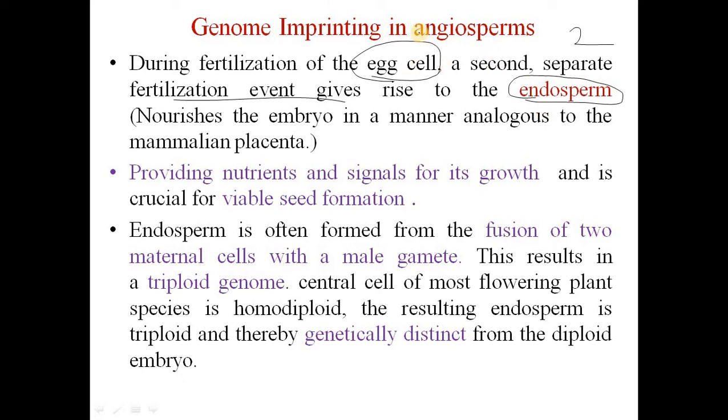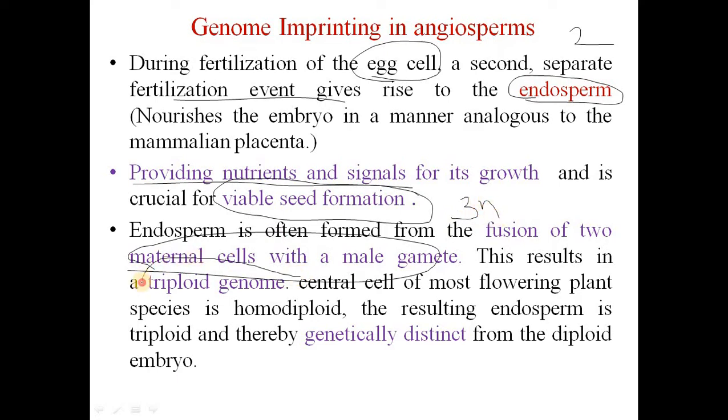This second fertilization event, where the endosperm is formed, has a crucial role in providing nutrients and signals for viable seed formation and growth. It is often formed from the fusion of two maternal cells with the male gamete, and obviously this is triploid in nature.